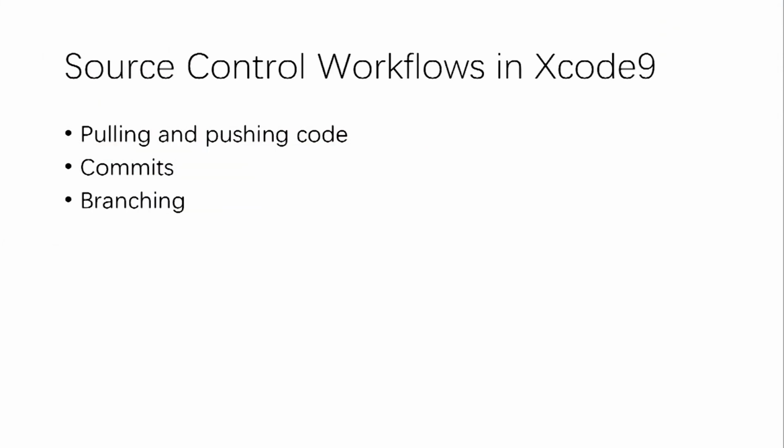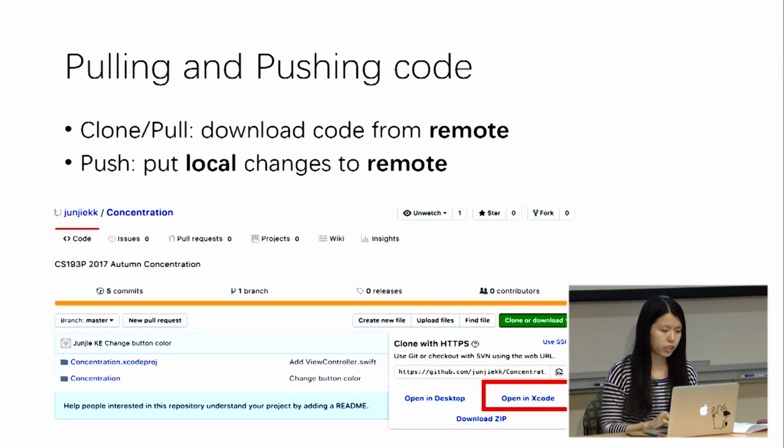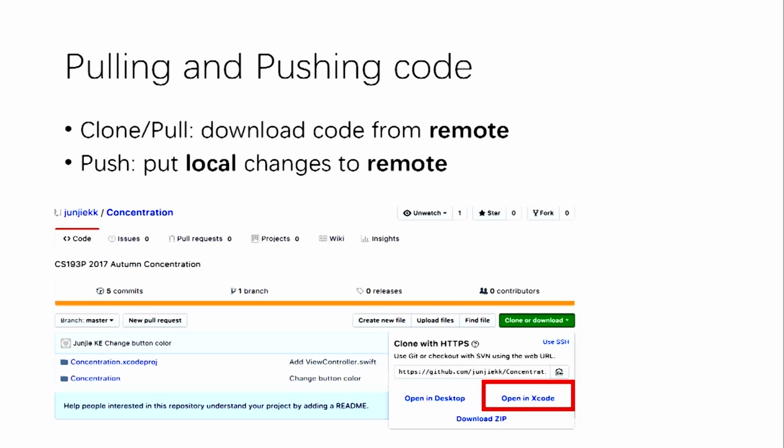So there are three main components in the Xcode 9 source control workflow, and I will go through each of them briefly. The first one is pulling and pushing, which deals with your local changes and the changes in the remote repository.